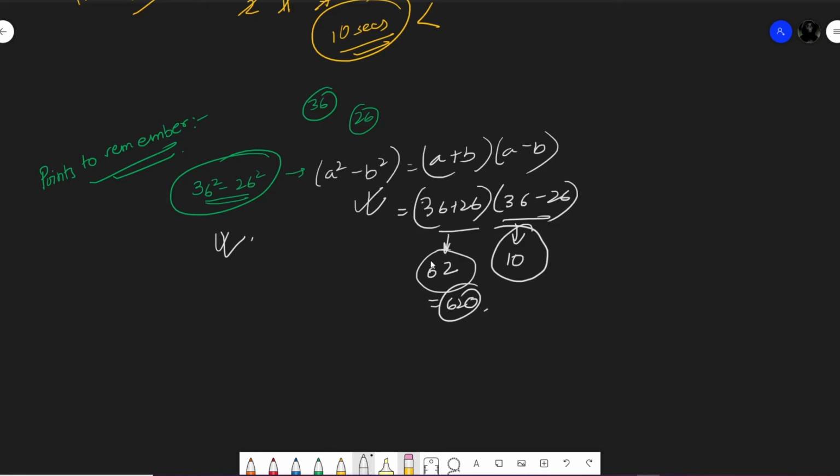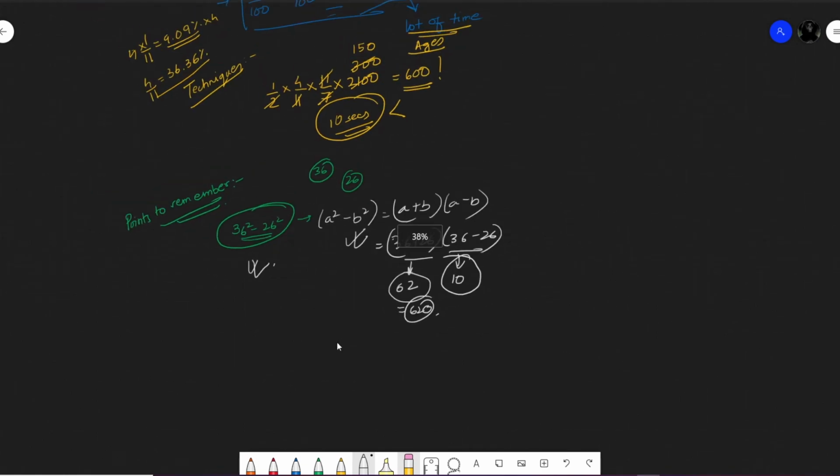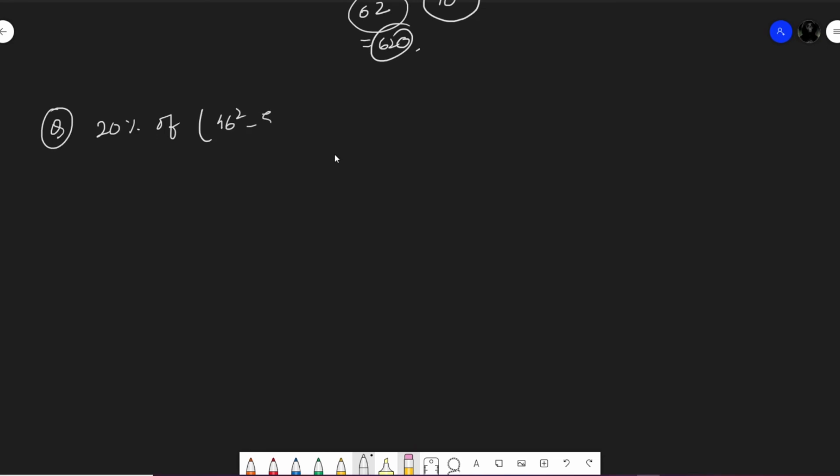So if you are given the sum: 20% of 46 square minus 56 square into, let's say, the square root of 576.